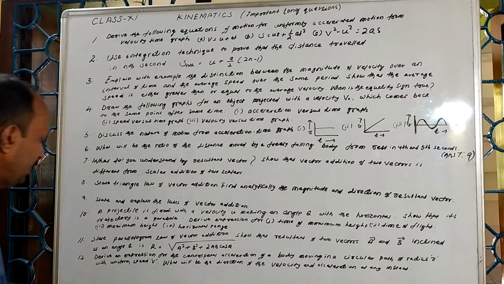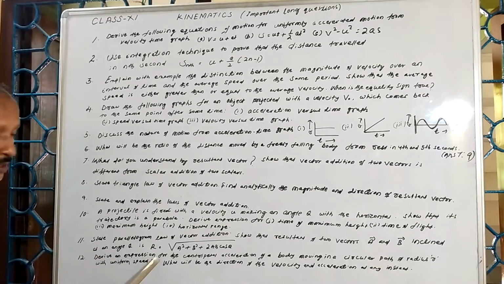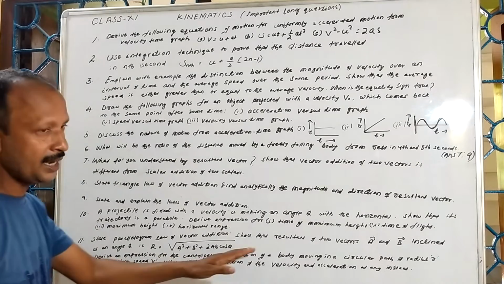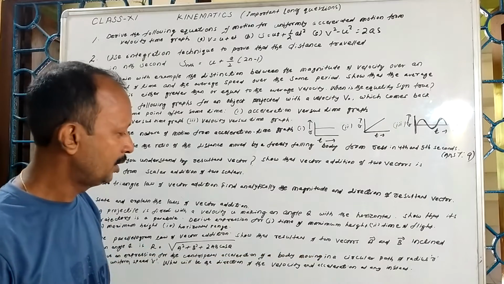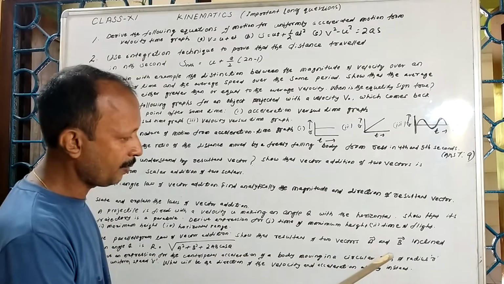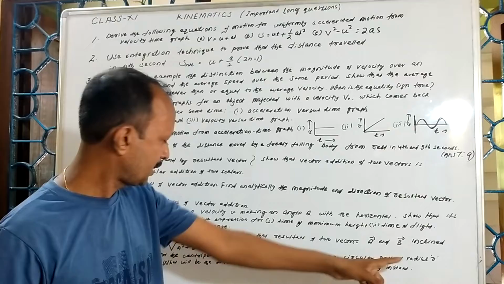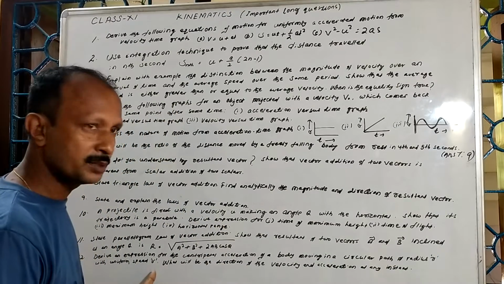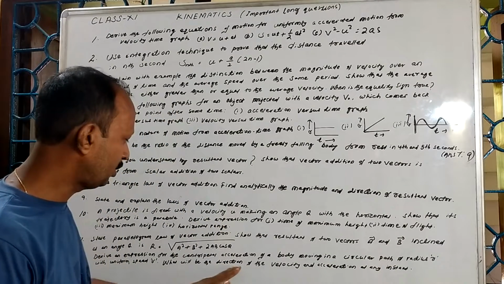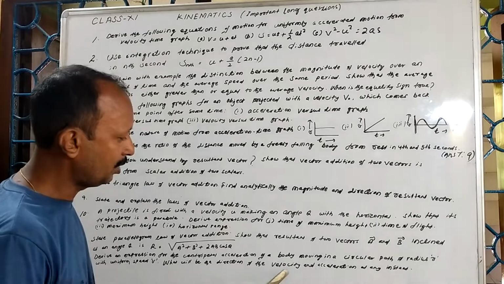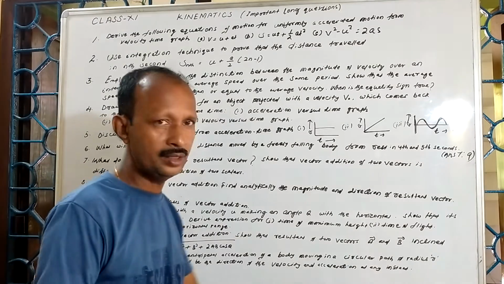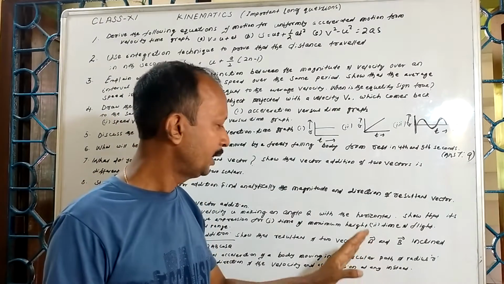Once again I am repeating. Derive an expression for the centripetal acceleration of a body moving in a circular path of radius r with uniform speed v. What will be the direction of the velocity and acceleration at any instant?